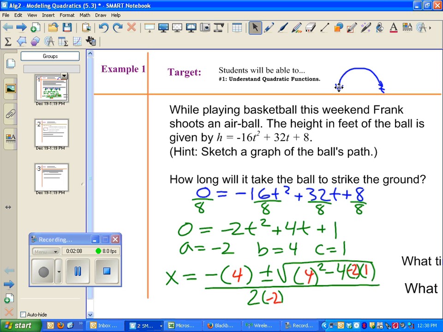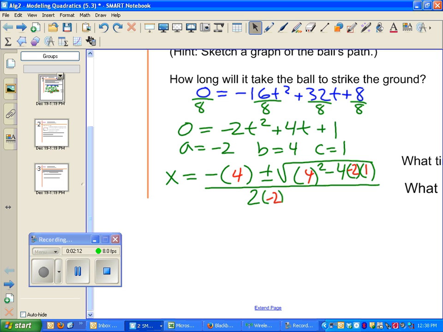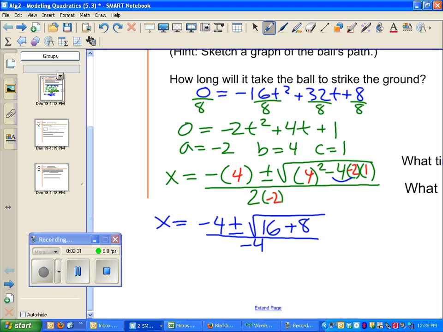Alright, so now I'm just going to simplify that until I can't simplify it anymore, and since it's a word problem and we're looking for time, we're going to plug our result into the calculator. But first we'll simplify. So we have negative 4 plus or minus the square root of 16, and then I have a negative 4 times a negative 2, which is a positive 8, times 1 is positive 8, all divided by negative 4.